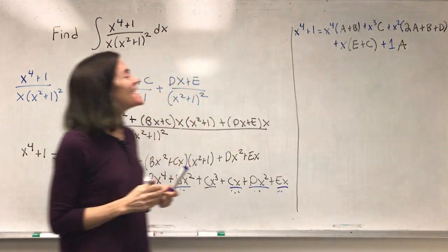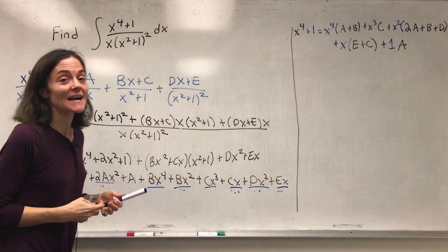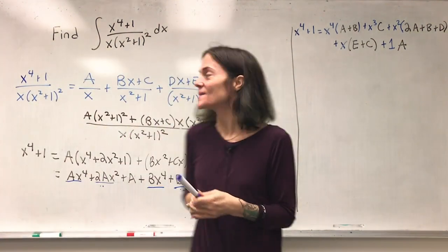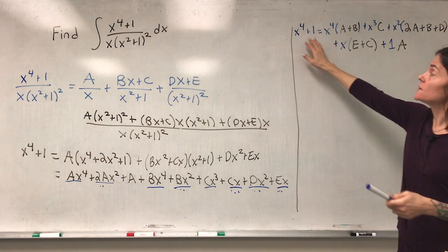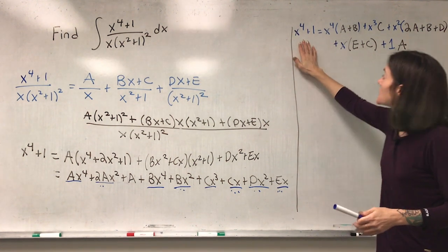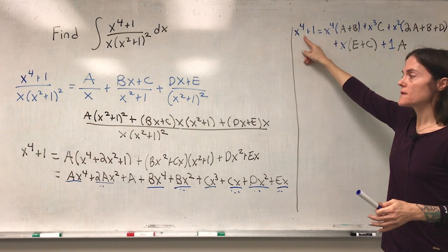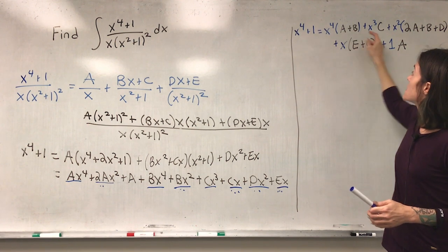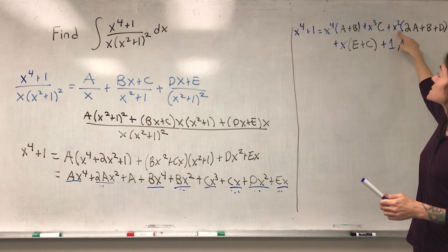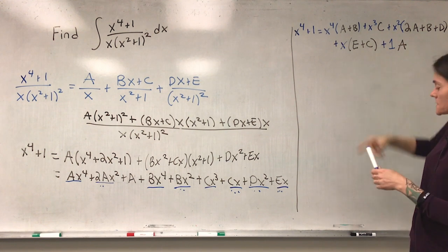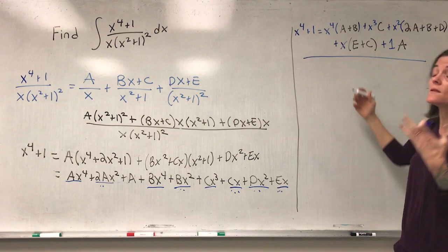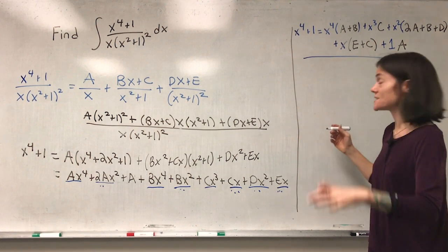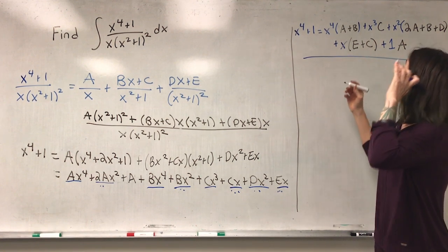Okay, now this does lead to 5 equations and 5 unknowns. However, it's very nice because if you look at the left-hand side, there's so many things that are 0. This coefficient 0, this coefficient 0, and this coefficient 0. So immediately, what do we get out of this? Let's equate the coefficient in front of x cubed.